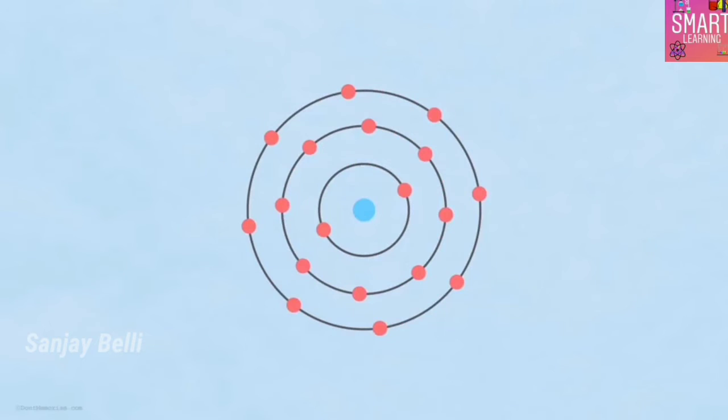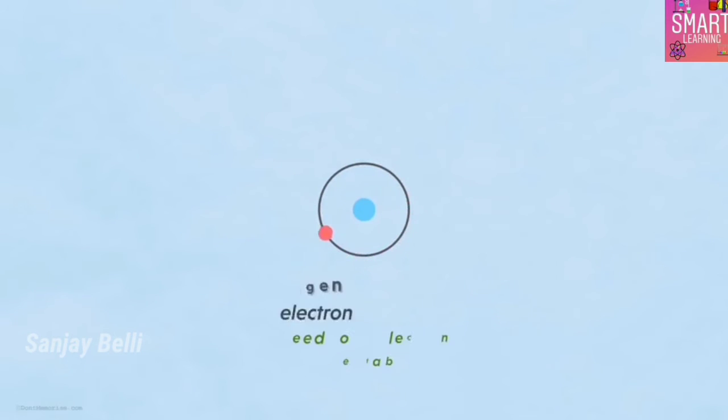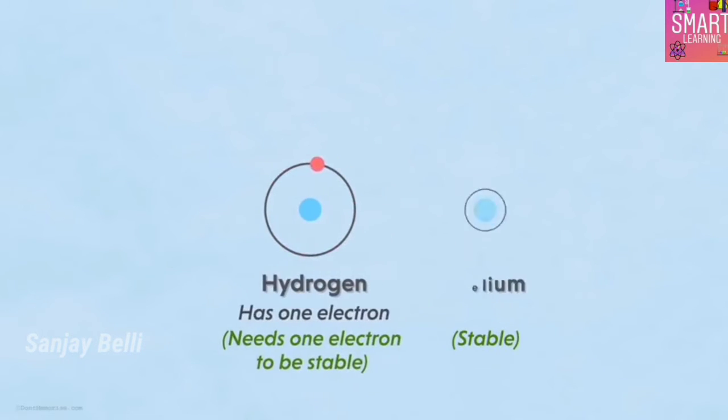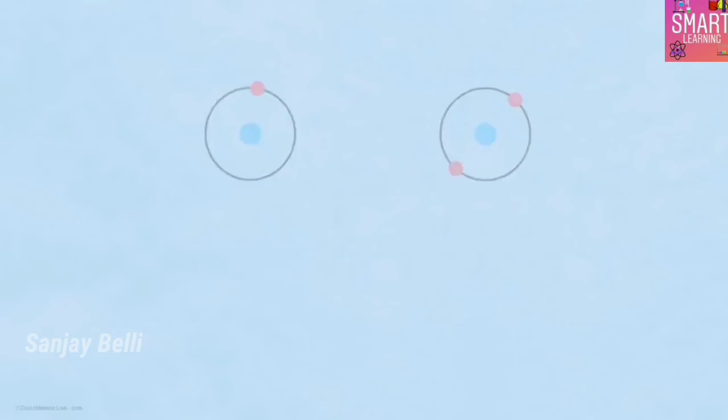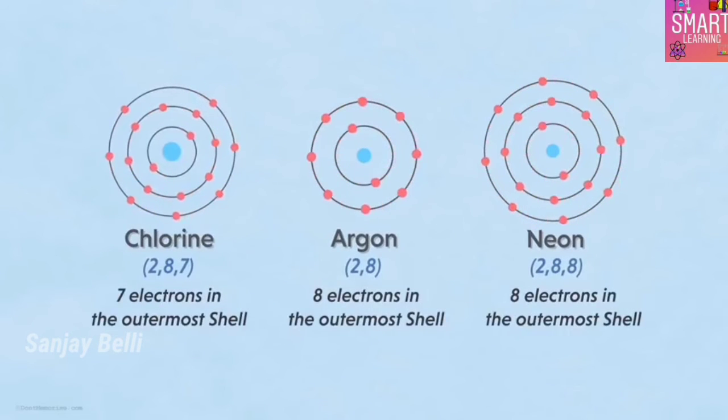That means if there is just one shell, like in the case of hydrogen or helium, then the atoms would want to have 2 electrons in it. That will be the outermost shell of an atom. This will help them to achieve a stable state. Similarly, for all the other atoms having more than one shell, it's obvious that they wish to have 8 electrons in their outermost shell.